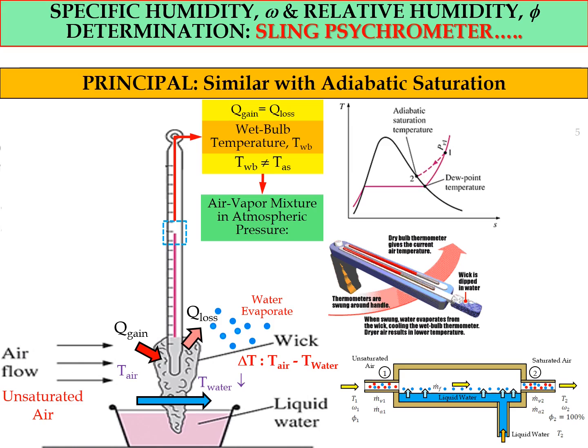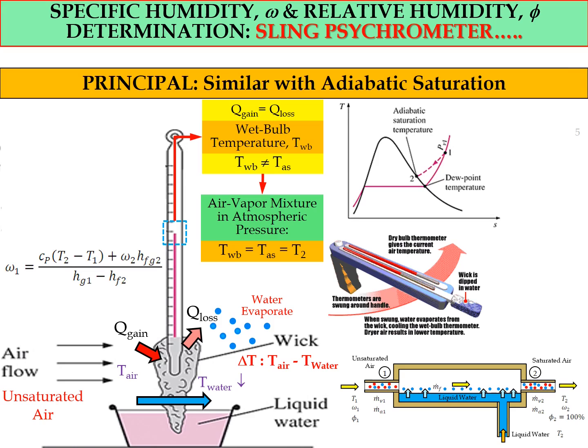However, for an air-vapor mixture at atmospheric pressure, we can assume that the wet bulb temperature is equal to the adiabatic saturation temperature, referred to as T2, the temperature at the outlet of the adiabatic saturation process device.